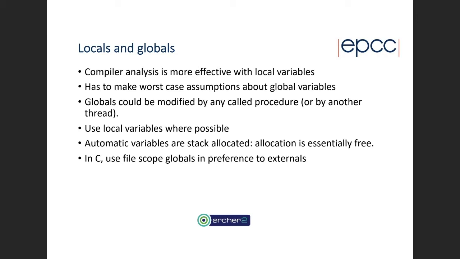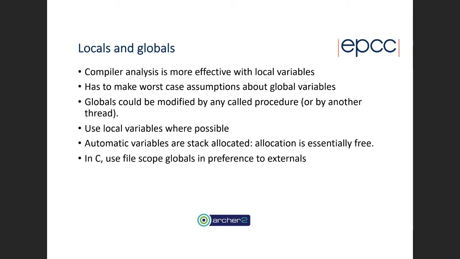That's already pre-existing allocated memory space, and it just involves moving the stack pointer, so it's essentially free. You shouldn't worry about any cost associated with declaring variables locally inside routines.